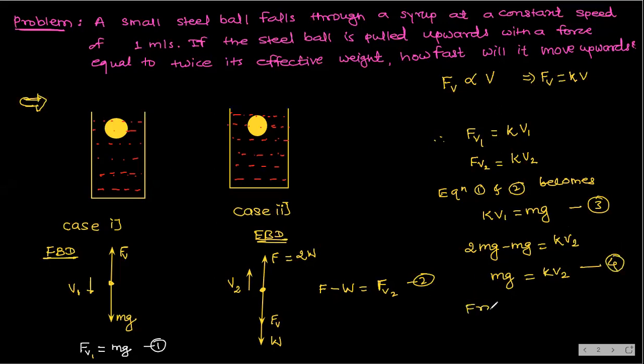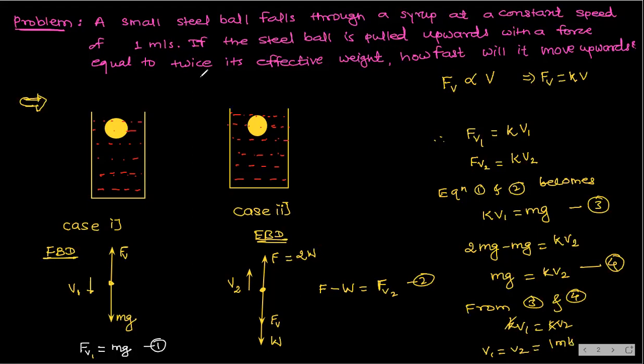Now from 3 and 4, what can you say? You can conclude that Kv1 is equal to Kv2 and therefore V1 is equal to V2, equal to 1 meter per second.